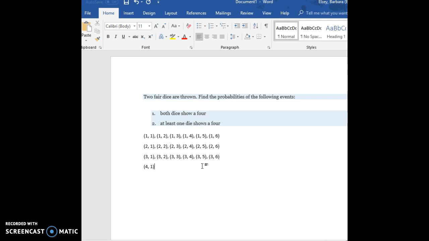We could get a 4 and a 1, 4 and a 2, 4 and a 3, 4 and a 4, and 4 and a 5, 4 and a 6, and of course we can get 5 on the first die and go up all of our possibilities on the second die. And of course lastly we could get a 6 on that first die and any of the other possibilities on the second die.